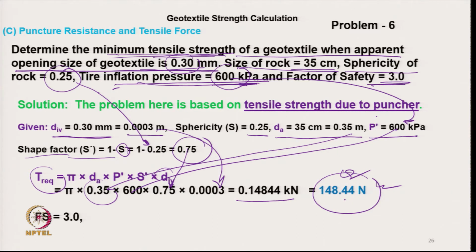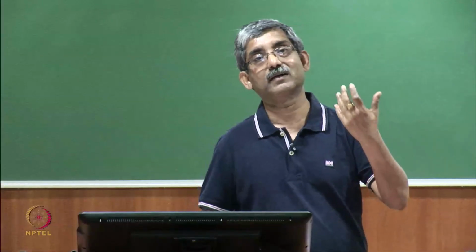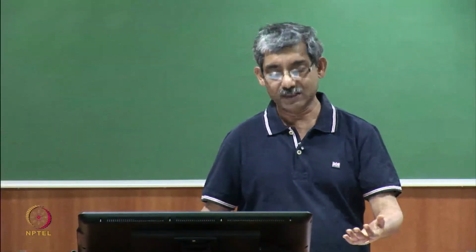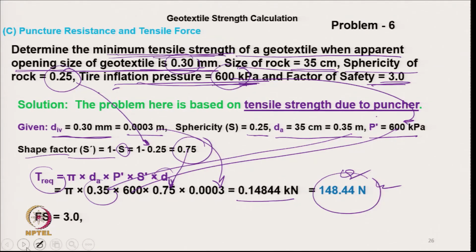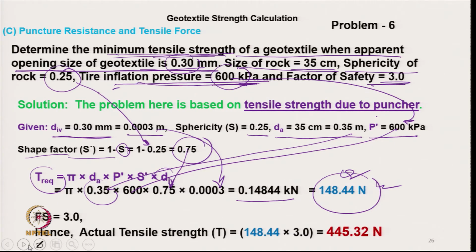And the product must meet the specification that the factor of safety required is 3, so it will definitely be 3 times this. So the factor of safety is 3, and the actual tensile strength required is 445.32, that is the minimum tensile strength we require in the geotextile to get that minimum factor of safety of 3.